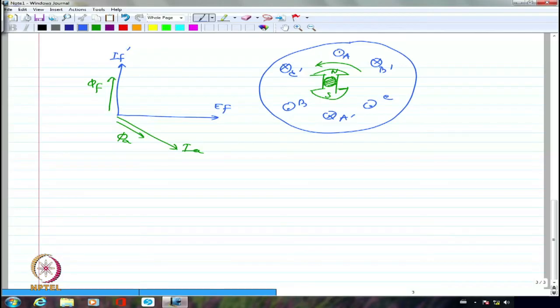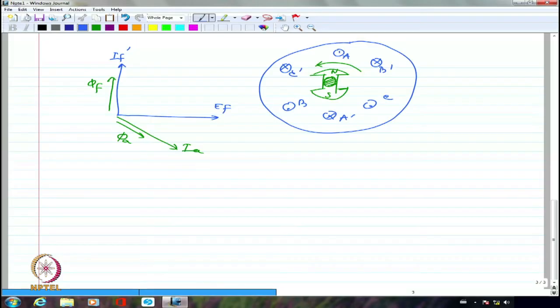IF dash is the equivalent AC current when I visualize the DC current from the revolving magnetic field viewpoint. The DC current is definitely having zero frequency. It is not a rotating phasor. But I am looking at it from the viewpoint of the revolving magnetic field.